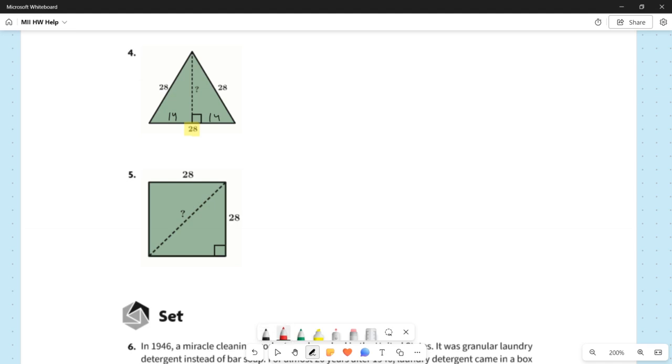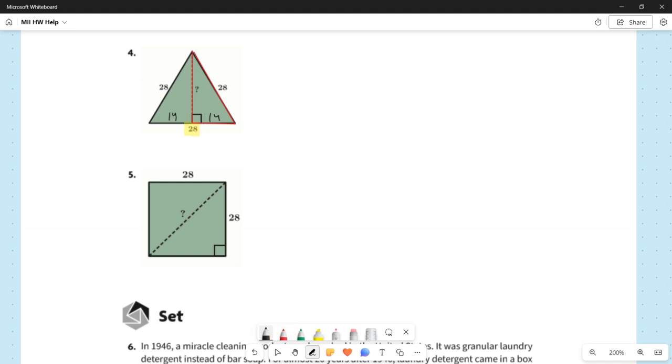Now, if you notice, I'll look at the one on the right here, I suppose. Okay. If I look on the right here, what we now have is a right triangle where we know two sides, and we are solving for the third side.